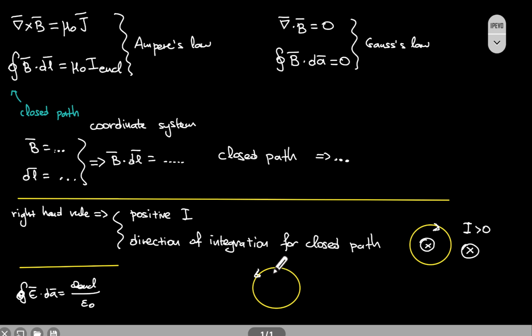Then if I curl my fingers in the counterclockwise direction, I see that my thumb points out of the page, and this is the direction of a positive current. A positive current would flow out of the page for this direction of integration. Okay, the way that you apply Ampere's law needs to be consistent with the right hand rule, and you have to be careful about that.